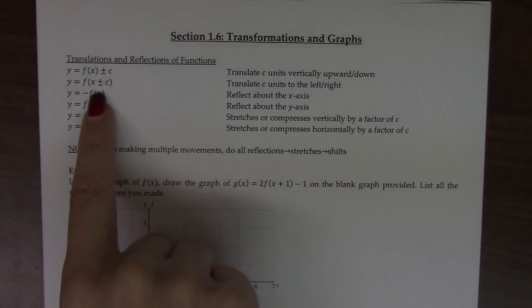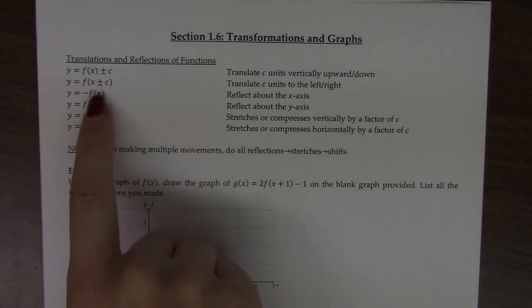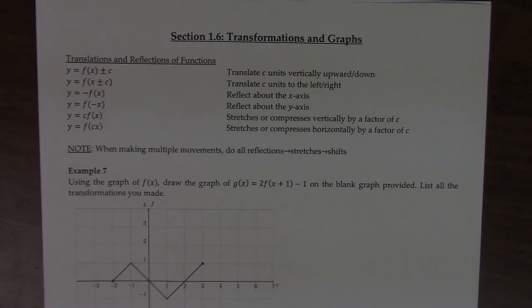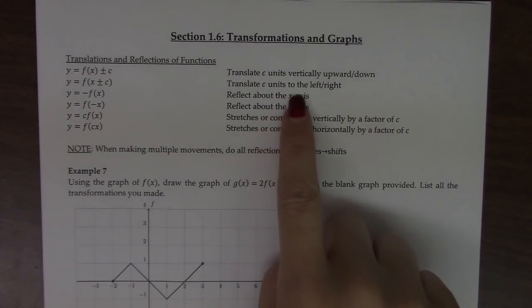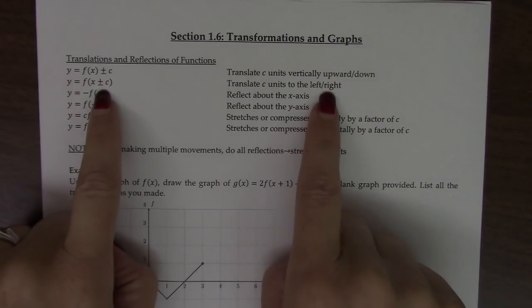However, if we make that same change on the inside of the function, inside these parentheses of f of x, now if I add 2 units to all the x values before I evaluate the y, it actually shifts the graph 2 units to the left. If we subtract 2, it shifts to the right.